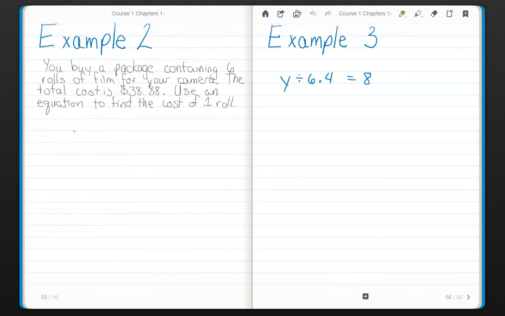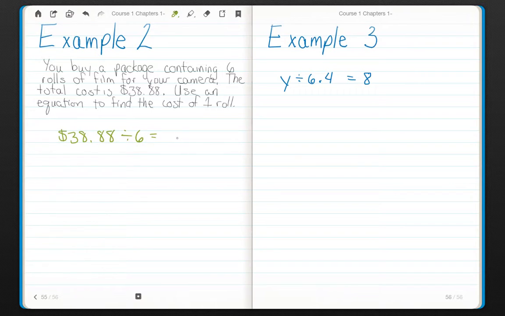Now, most of you are just thinking, I don't need to use an equation, I can just divide. 38.88 divided by 6 will tell me how much money I need. And that's true, but I want you to start thinking about how to write an equation to solve for x. So we're going to cross this one out at the moment, and I'm going to start by using a bar model.